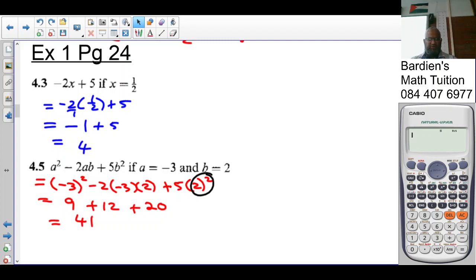So we are on page 24. We're looking at addition. Page 24. We're looking at addition.